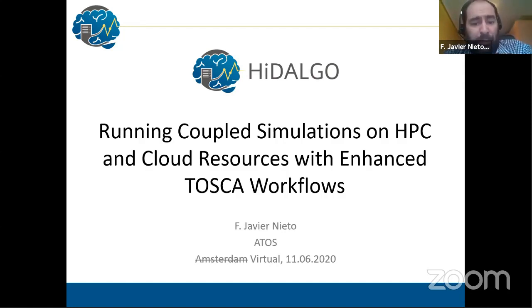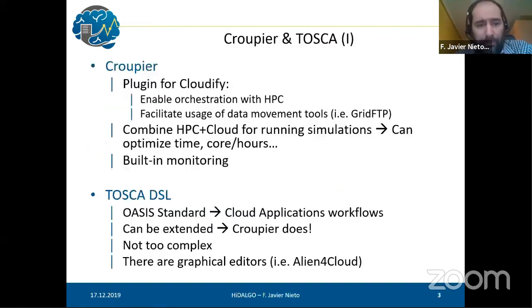Okay, so all in all, this is a presentation which has more to do with how to manage the resources when you are going to run these kinds of simulations. So basically, the key element here is what we call the Croupier.